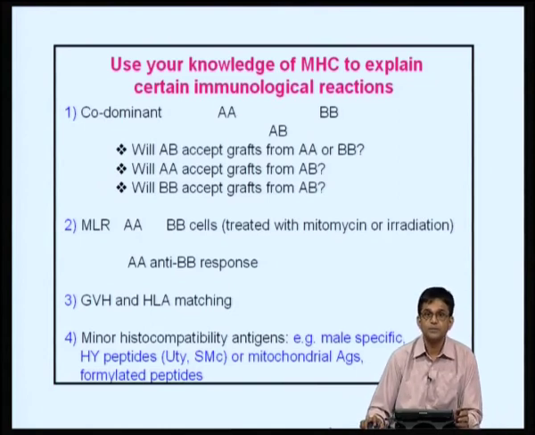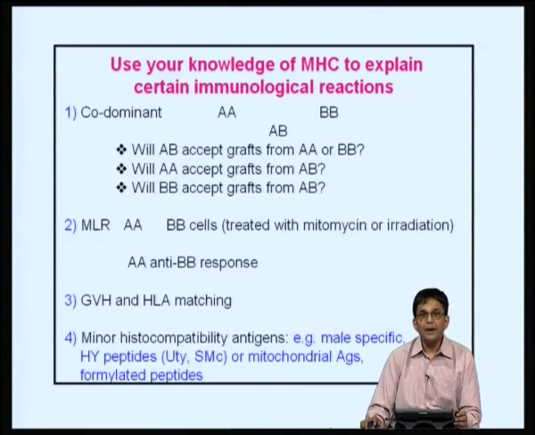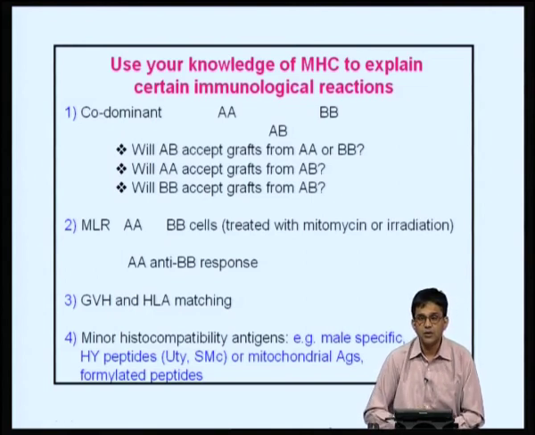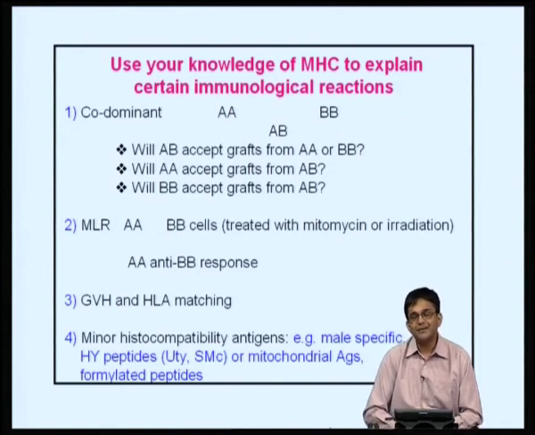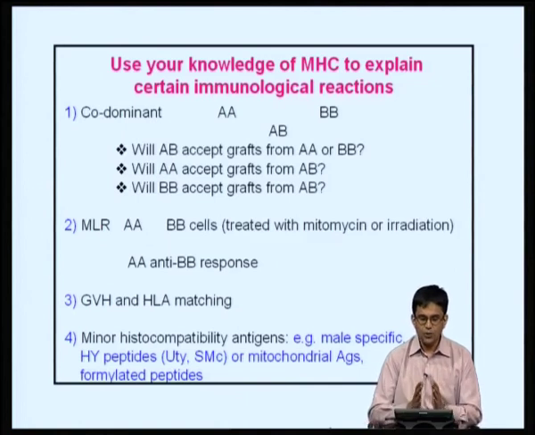Now, despite the fact that you have the major histocompatibility complex, which is responsible for organ and tissue transplantations, you also have what are known as minor histocompatibility antigens. Let me give you an example to explain this. Let us say you have an inbred strain of mice.